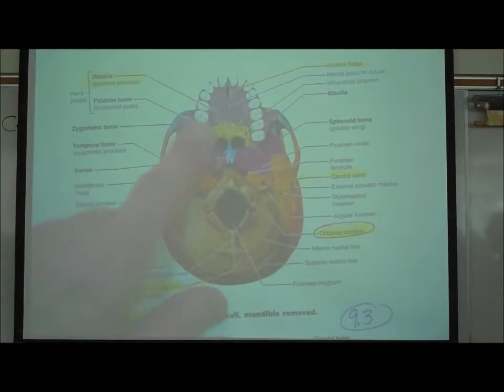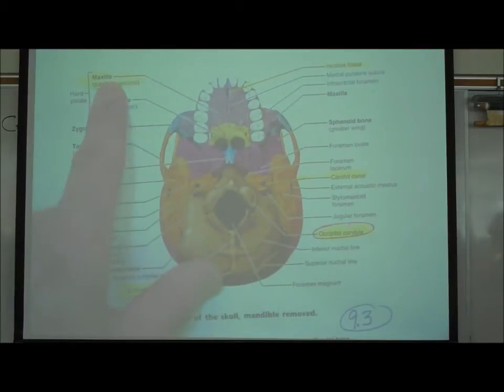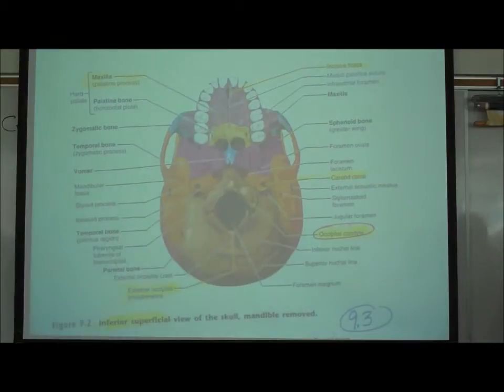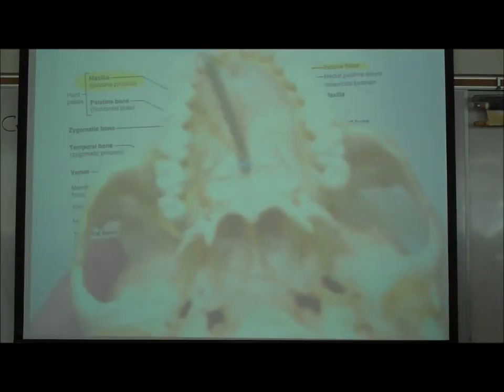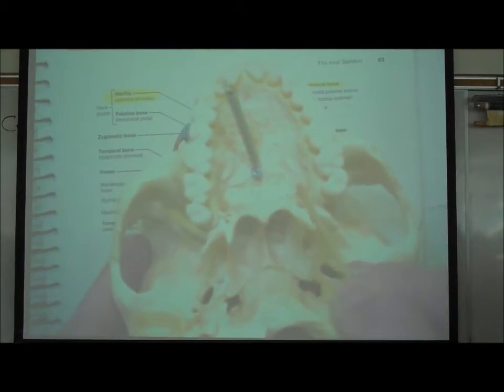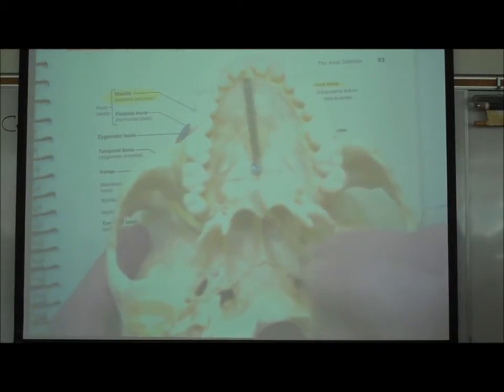It says that right here. Since there's a lot of maxilla, this is called the palatine process of the maxilla. It says that right here. And this is the palatine bone. You'll notice there's a suture line right between them. You can see this when you look at the skull, the inferior view. You can see this suture line between the palatine process of the maxilla and the palatine bone.